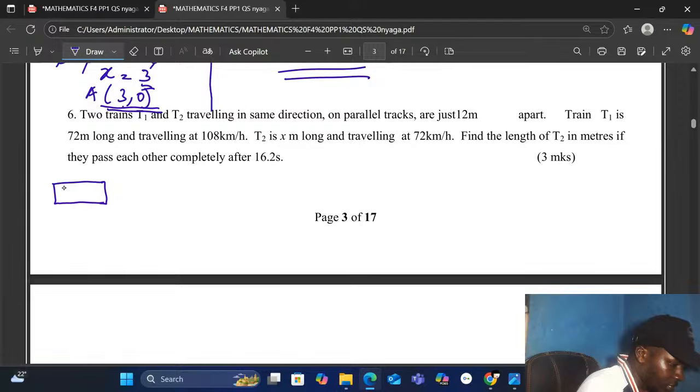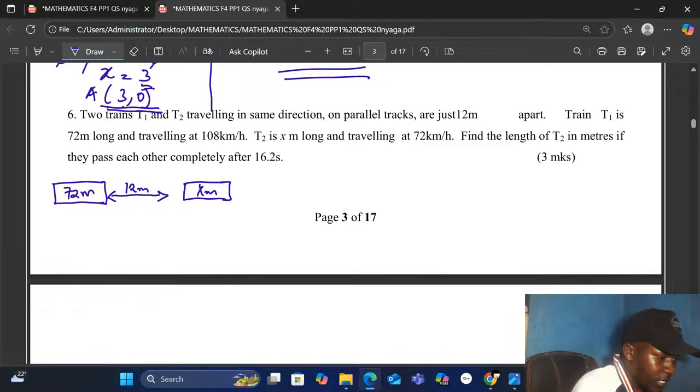So you can have this sketch, which is 72 meters. They're saying the distance from train T1 to T2 is 12 meters. But train T2 is X meters long.